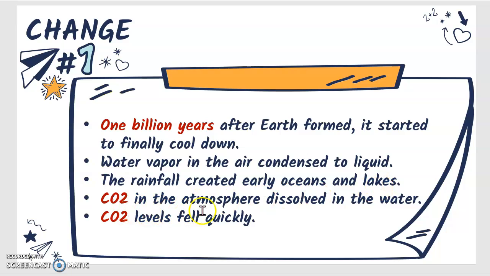Carbon dioxide in the atmosphere dissolved in the water, and the carbon dioxide levels fell quickly. Going back to our standard, what was the natural phenomenon that helped change the composition of our Earth's atmosphere? This is it: the cooling down of the Earth, creating the decrease in the carbon dioxide in the atmosphere.